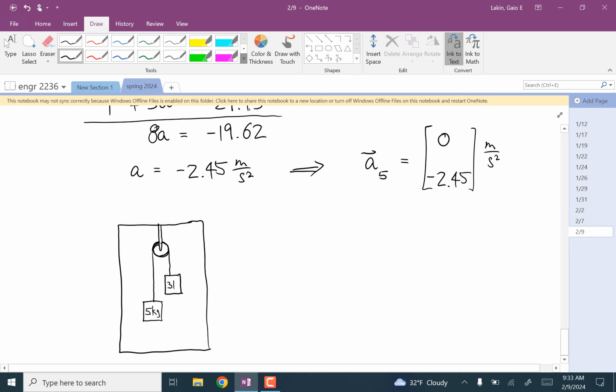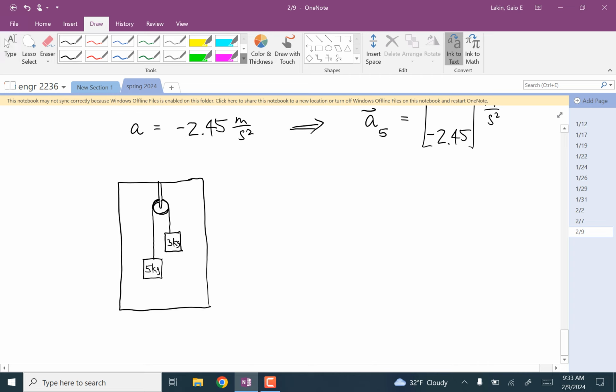This is how elevators used to look in my day. They had an elevator man pressing the buttons. Not really. And let's say that this is accelerating up at 3 meters per second squared.